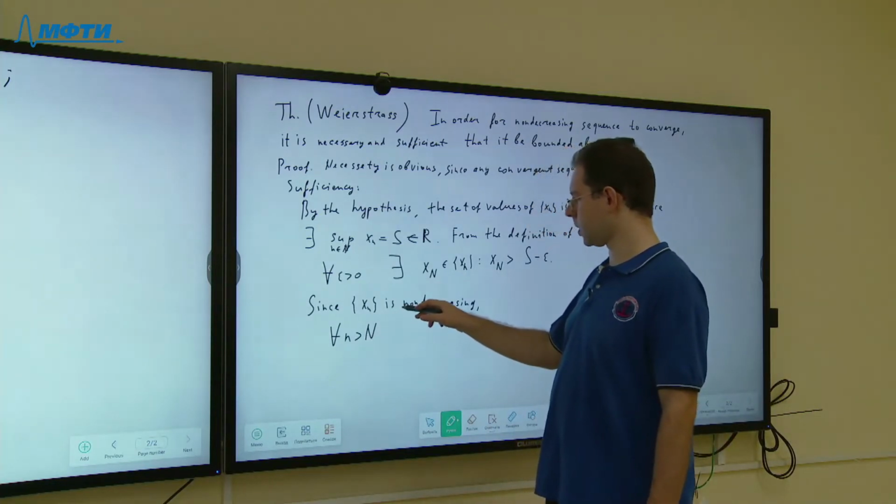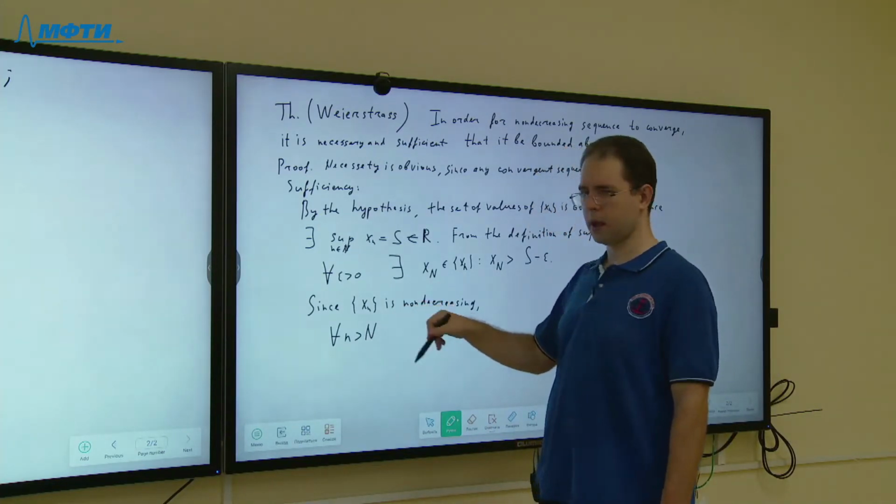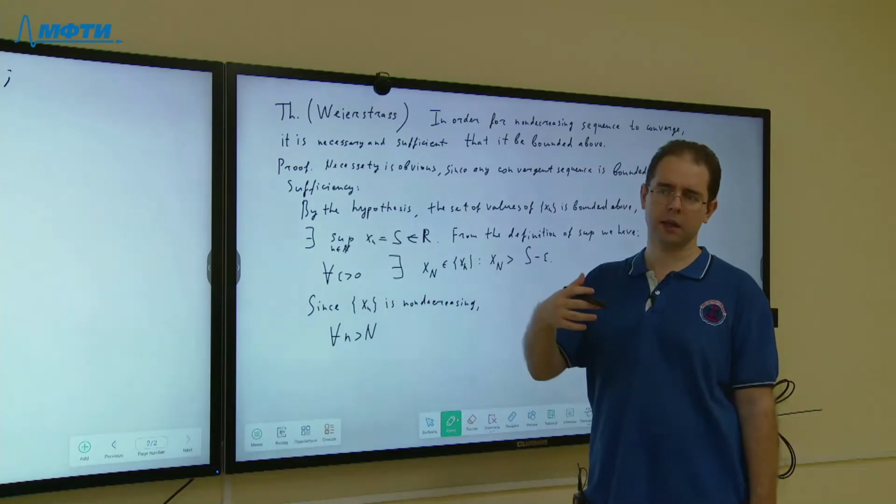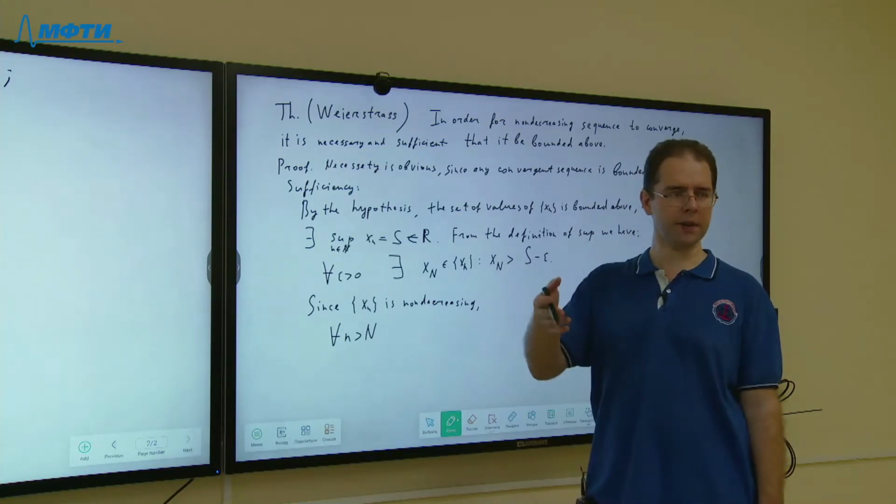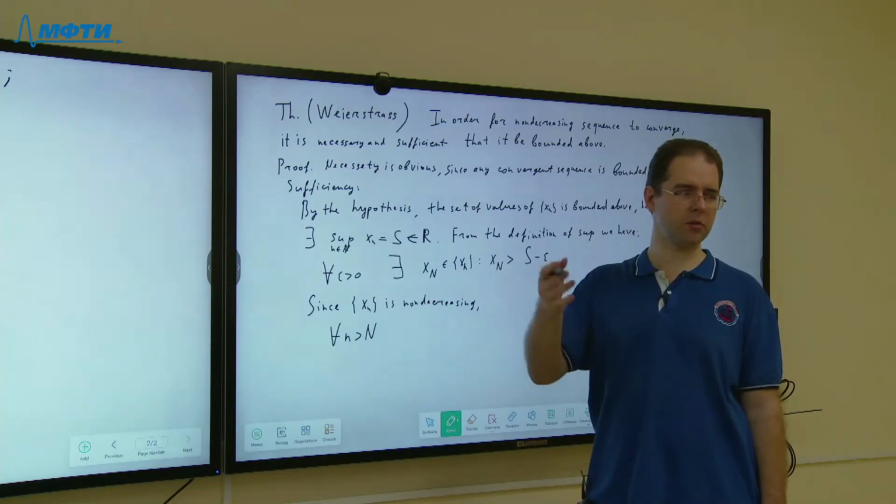And since our sequence is non-decreasing, any elements after that element should be greater or maybe equal.